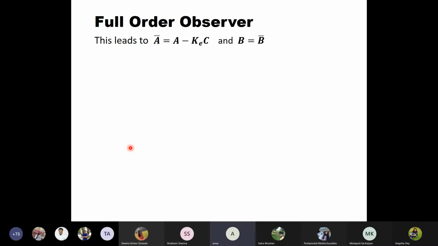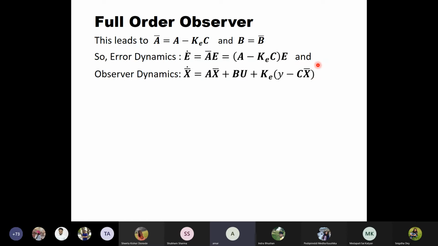That will lead to A bar equal to A minus KeC and B equal to B bar. Once we get this expression, we can write the error dynamics equation: e dot is equal to A bar e, and A bar is equal to A minus KeC, so e dot equals (A minus KeC) into e. The observer dynamics equation accordingly will change.